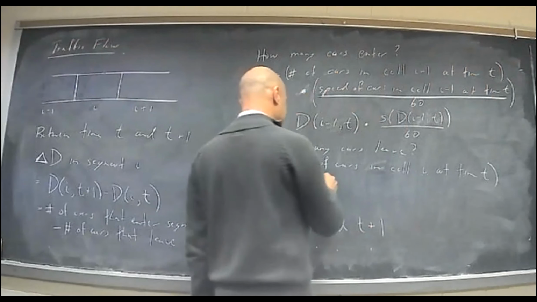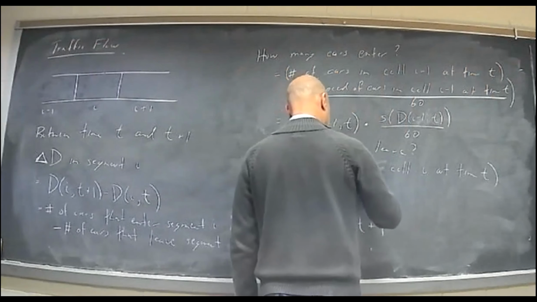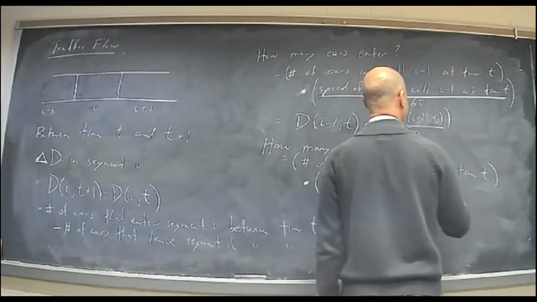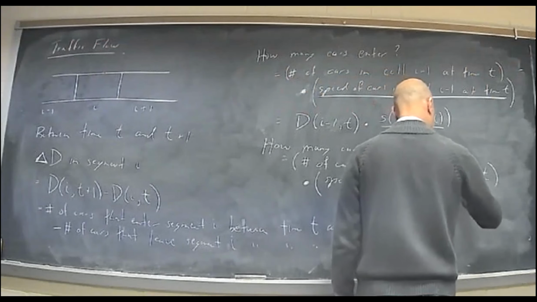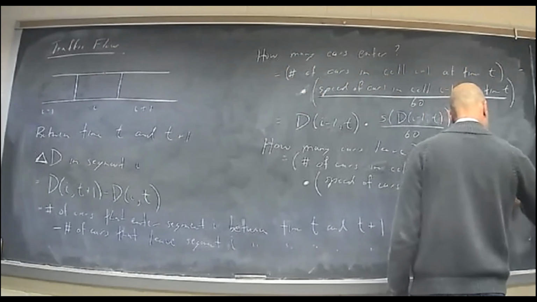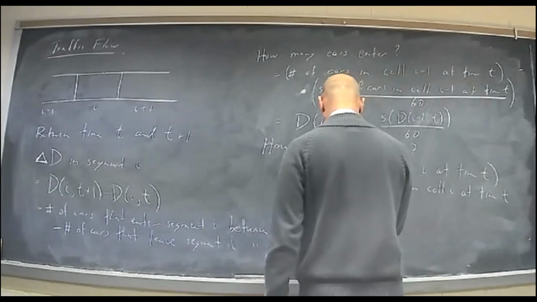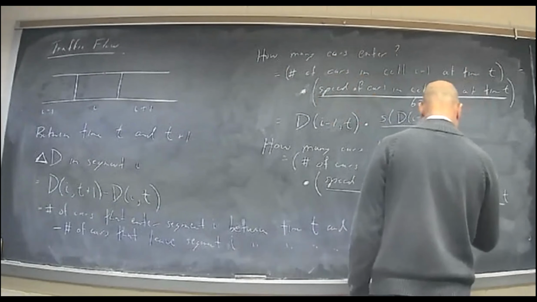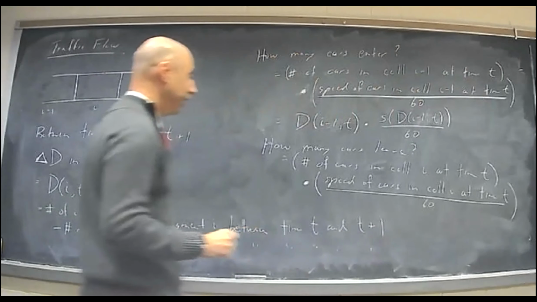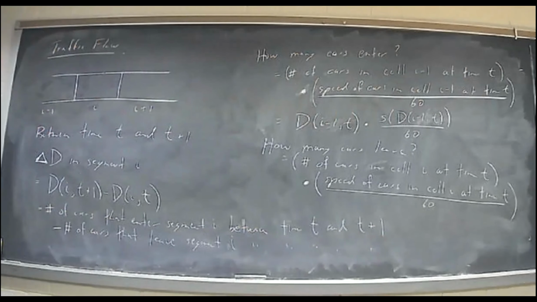So the speed of cars in cell i at time t. That's in miles per hour in our original, but we're going to divide by 60 to change it to miles per minute, because we're measuring our times in minute increments, not in hour increments.